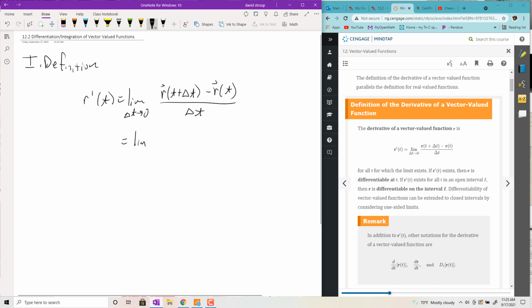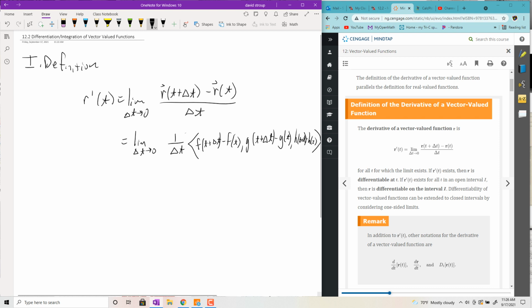So I think it'll go something like the limit as change in t goes to 0 of 1 over change in t times r of t plus change in t minus r of t, which would be f of t plus change in t minus f of t, comma, g of t plus change in t minus g of t, comma, h of t plus change in t minus h of t.